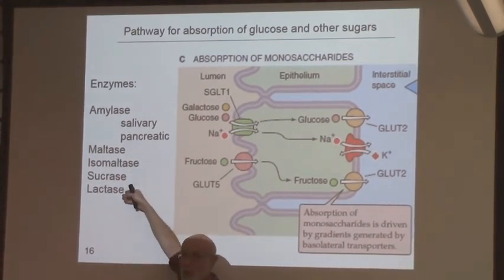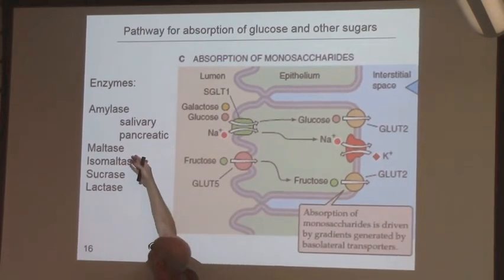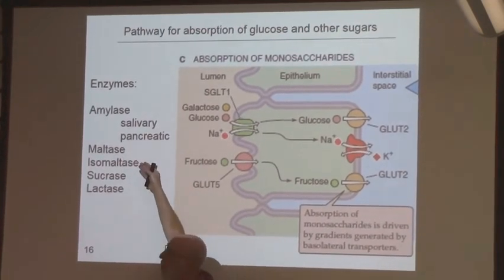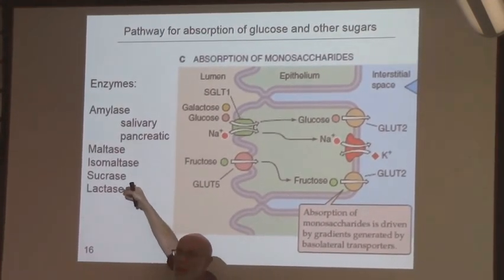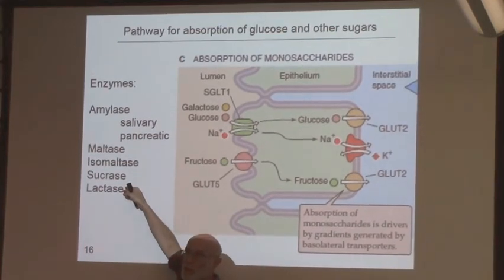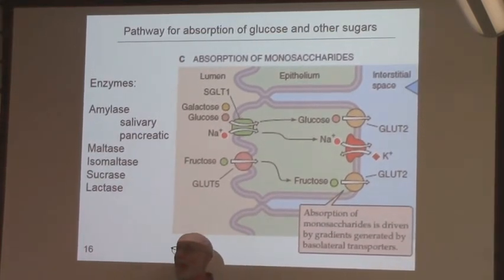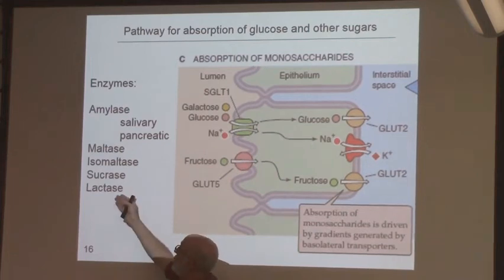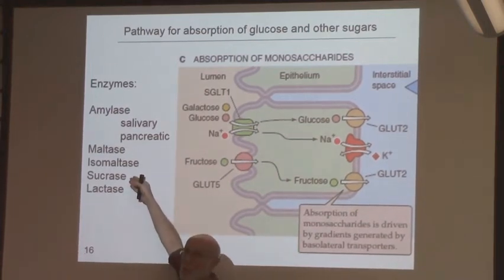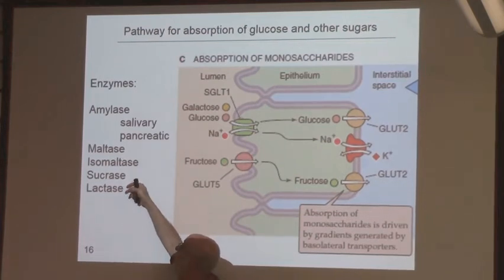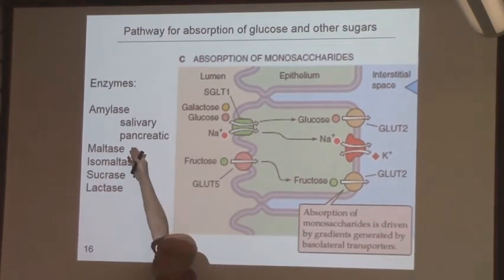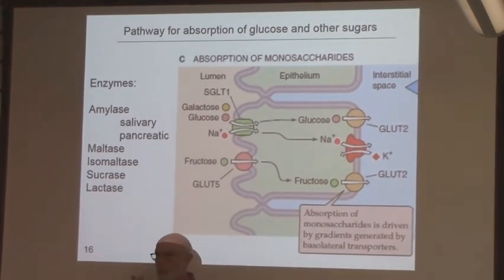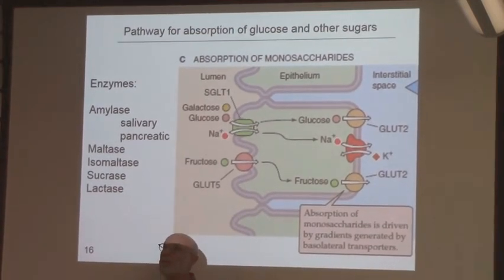Here are the sugars. Well, no, these are not sugars. Maltose, isomaltose, sucrose, and lactose are sugars. They are disaccharides. So the table sugar, sucrose, is a disaccharide. Maltose, which is another sugar that is not table sugar, but is used in baking, is a disaccharide.